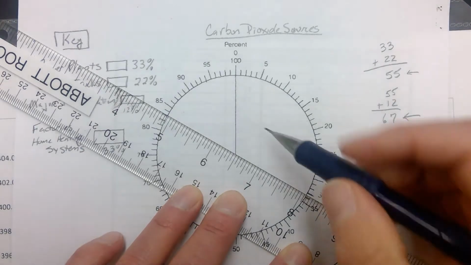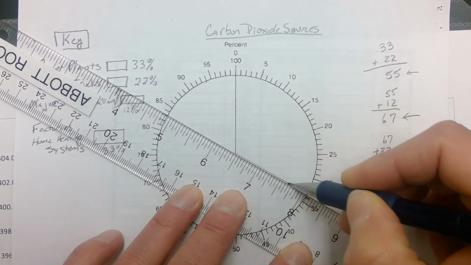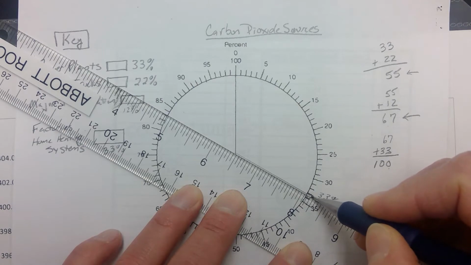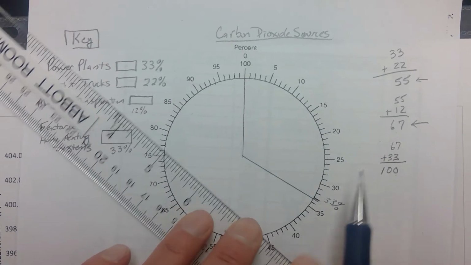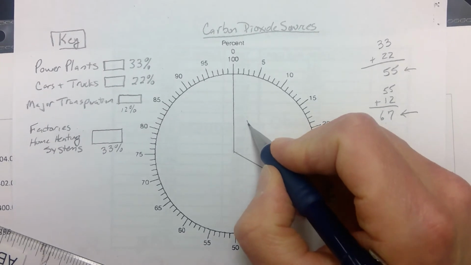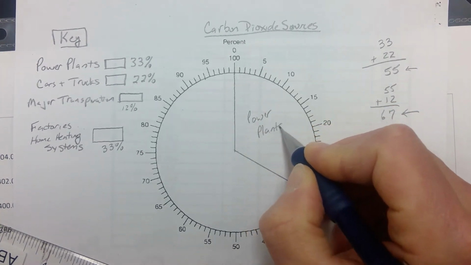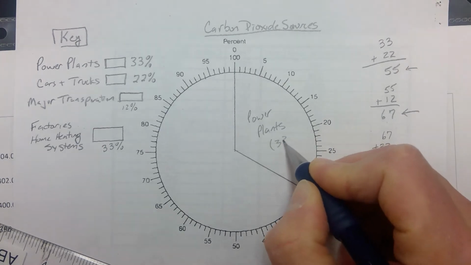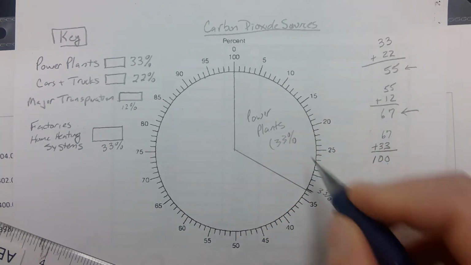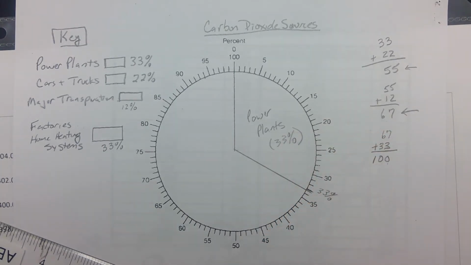If you don't have a highlighter, you could use a symbol or something like that, but you want to go from 0 to 33%. I like putting the words in there as well. So in here, I'm going to put power plants. If you like, you could put 33%. If you didn't, not a big deal because it's in your key.